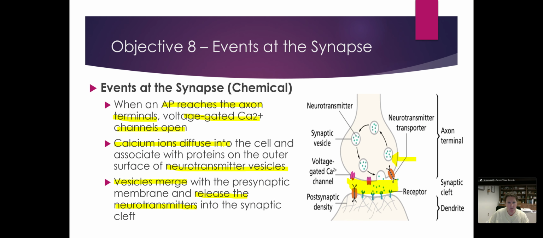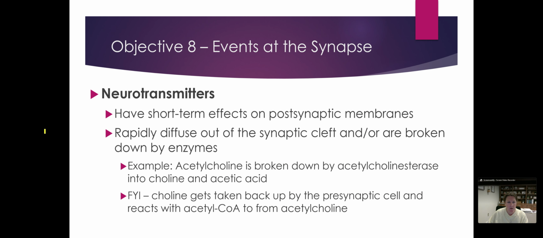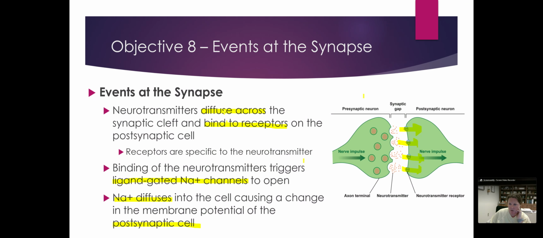The neurotransmitters are going to diffuse across the synapse and bind to receptors. These are ligand-gated ion channels, and so when the neurotransmitter binds, those channels are going to open and sodium is going to rush in. And the rushing in of sodium is what depolarizes the membrane of that second cell. And that is going to be what you need for your essay.